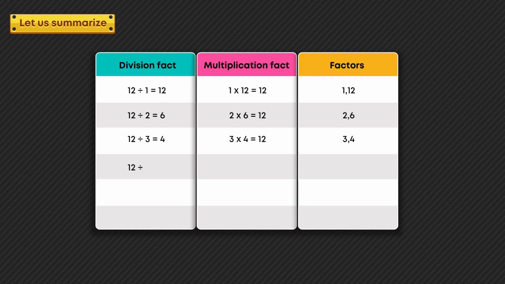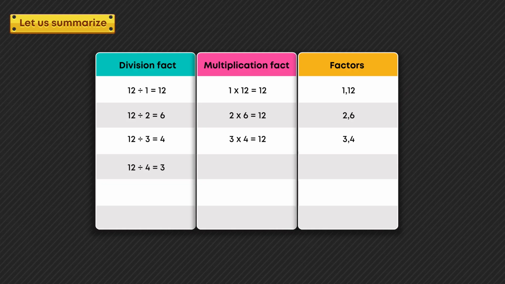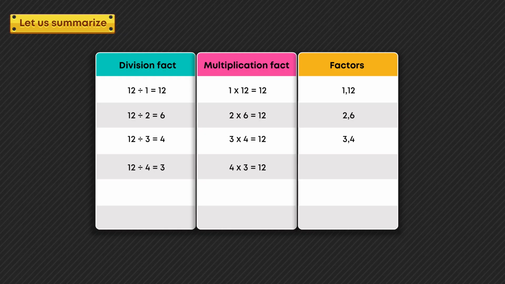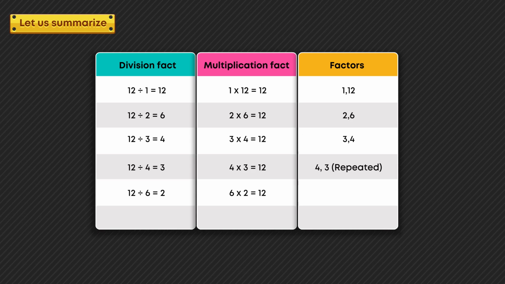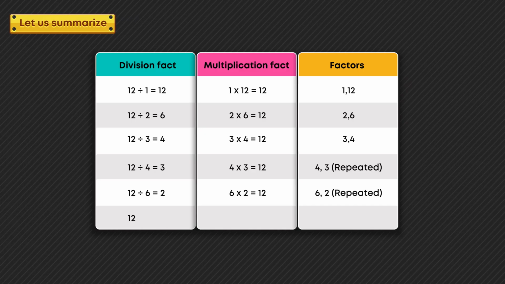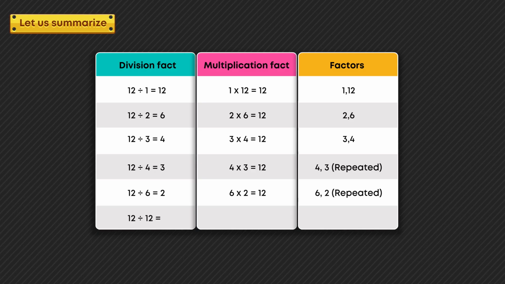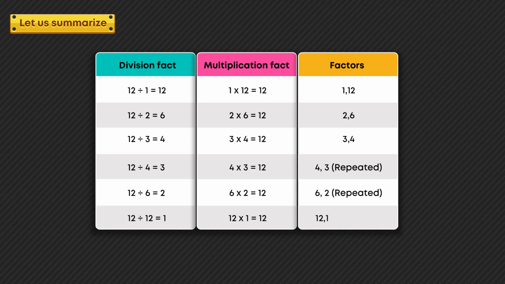12 divided by 4 is equal to 3. 4 into 3 is equal to 12. 4, 3 repeated. 12 divided by 6 is equal to 2. 6 into 2 is equal to 12. 6, 2 repeated. 12 divided by 12 is equal to 1. 12 into 1 is equal to 12. 12, 1 repeated.